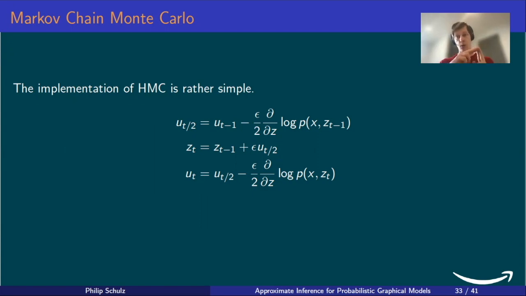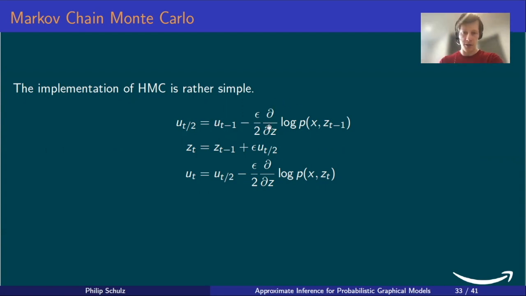But while we are in one trajectory in UZ space, while we haven't projected down to Z yet, we update U, but not by sampling, but rather deterministically by implementing these Hamiltonian dynamics. And then for each advance in U and Z, we first do a half update to U, a full update to Z, and then another half update to U. And these updates are just defined by how Hamiltonian dynamics defines them.